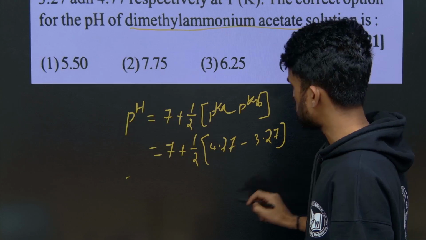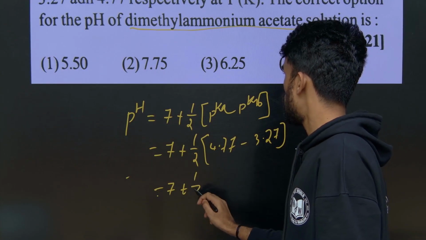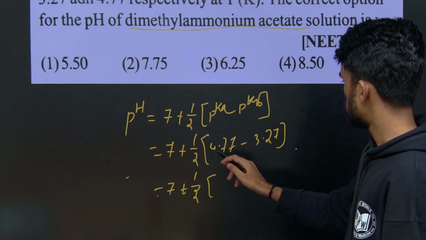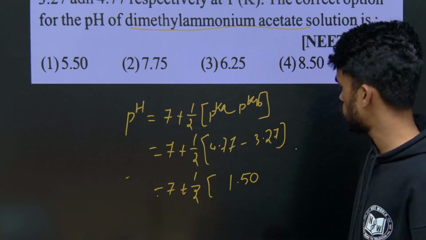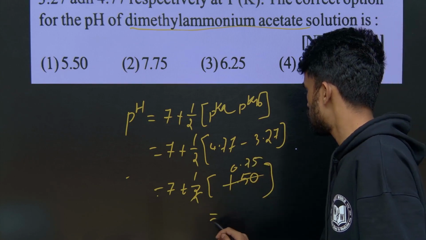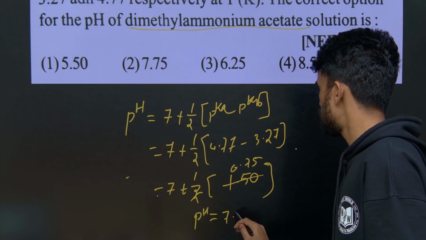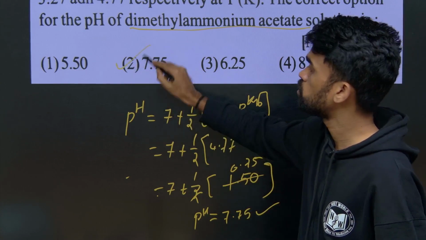From this, 7 plus half into 1.50, which is 0.75, therefore pH equals 7.75. So this will be the value, and we have option number 2 given here.